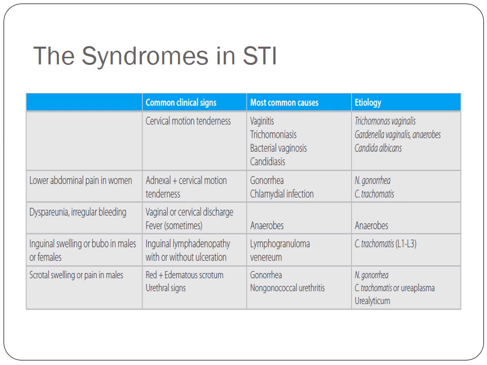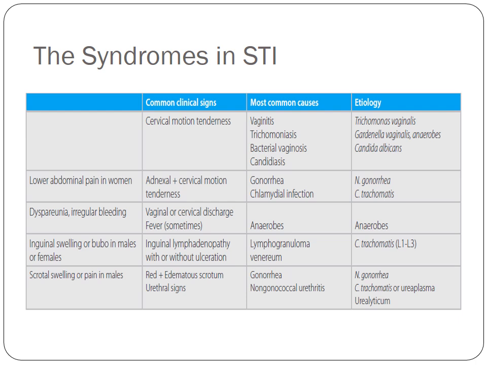The symptoms can be inguinal swelling or bubo in males or females, and the clinical signs can be observed as inguinal lymphadenopathy with or without ulceration, and it can be lymphogranuloma venereum like conditions. The responsible etiological agent can be C. trachomatis, strains L1 to L3.